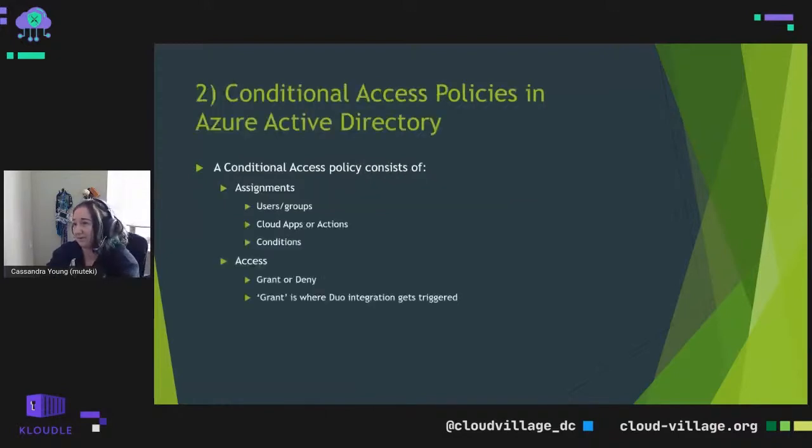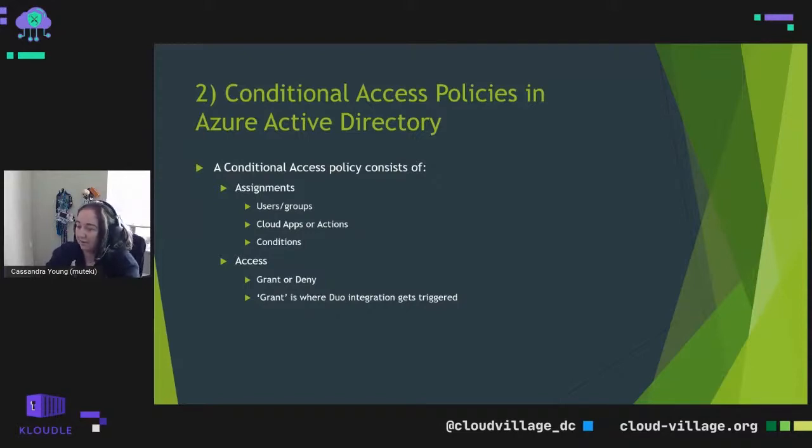The second part of this is conditional access policies in Azure Active Directory. So O365 as a tenant is essentially backed by Azure Active Directory, and all access is run through Active Directory. And the configuration that Duo requires in order to work with O365 actually involves a conditional access policy and what's called a custom control that basically enforces an action, i.e., triggering Duo authentication, to a selected set of users, cloud apps or actions, and conditions if configured.